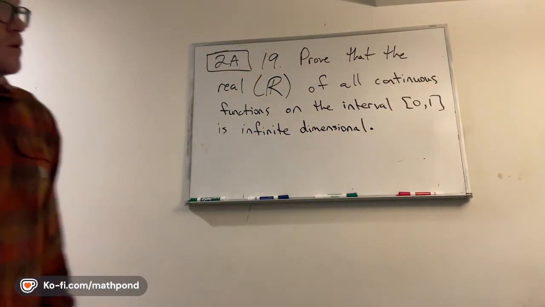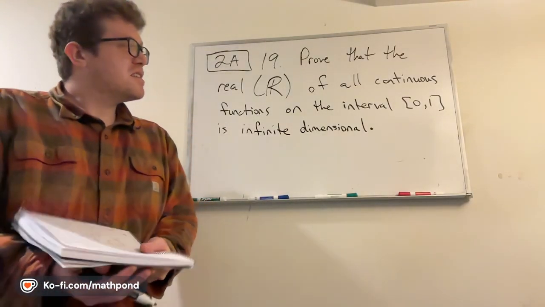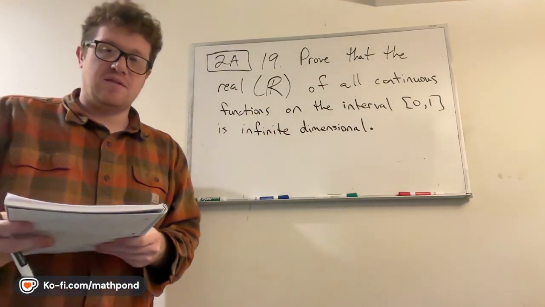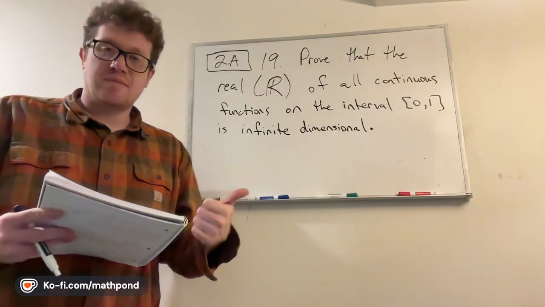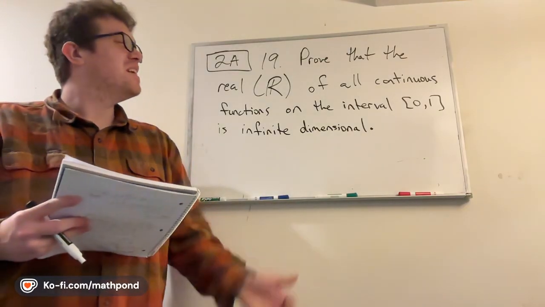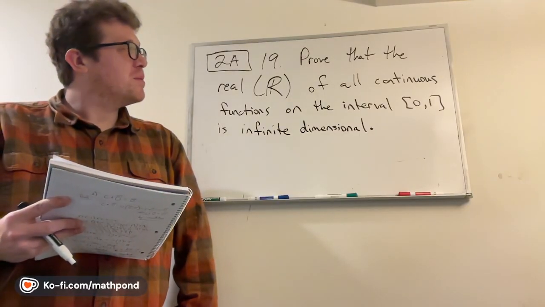Okay, so it's a little bit funny of a statement, right? Because I think in 2A he hasn't defined dimension yet. He defines finite dimensional and he says infinite dimensional is just not this. So, yeah, it makes it a little bit weird.